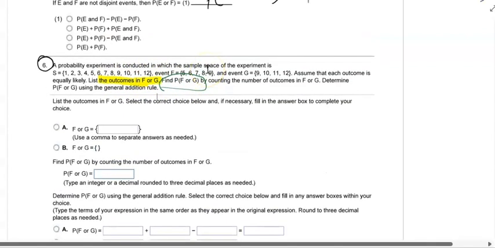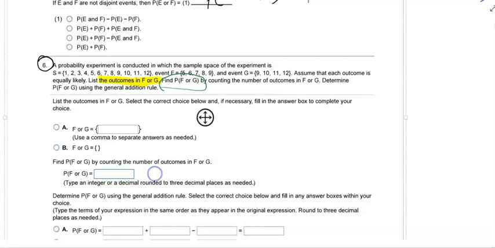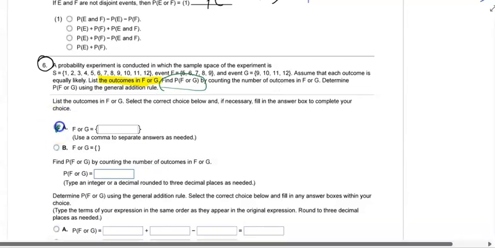F or G means you have to find all outcomes in F and G all together. In other words, put F and G together to find F or G. The answer, pick this one. Notice that you pick only B if there is nothing in F or G, but there is something in F and G all together.